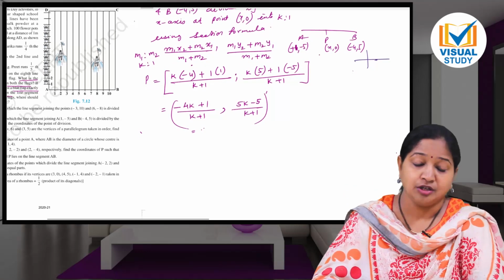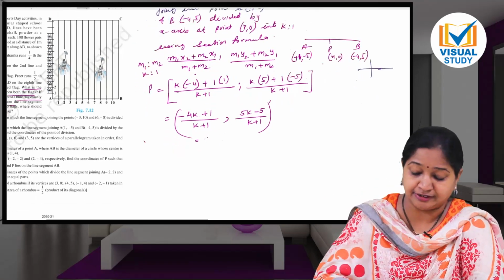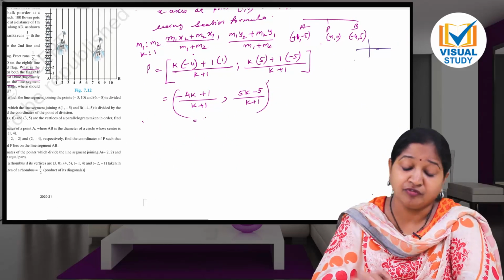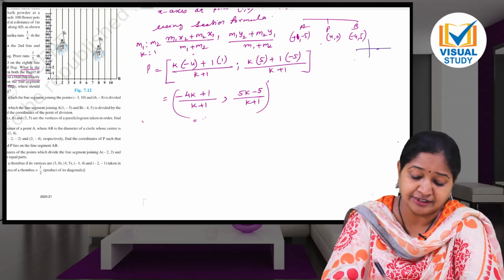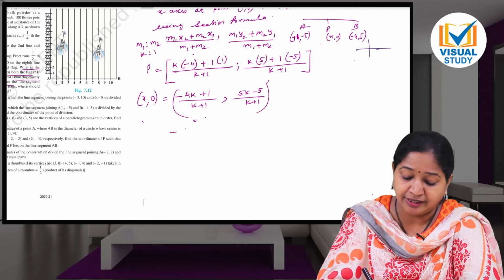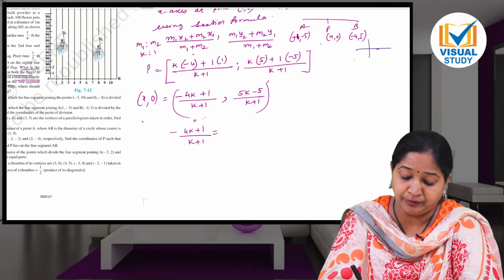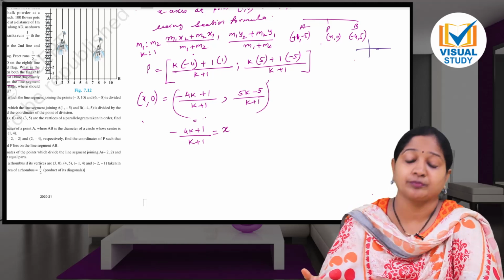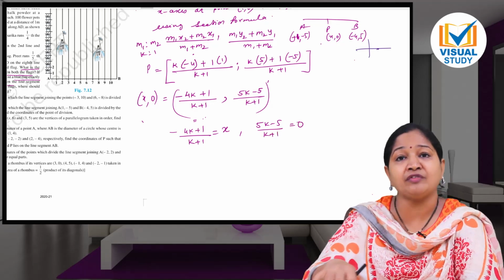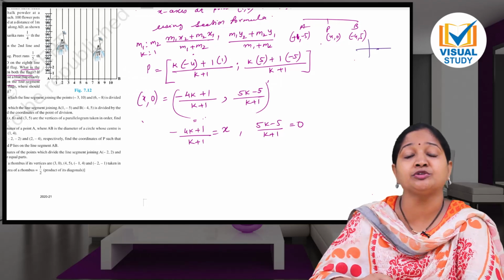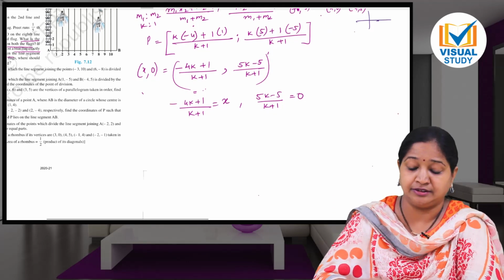Now on comparing the y coordinates first, why are we comparing the y coordinate first? Because we have our P coordinate, that is x and 0. So when we compare this with our P, we get x here and 0 here, and from this at least we can find out the value of k first, and then we can substitute the value of k in this.